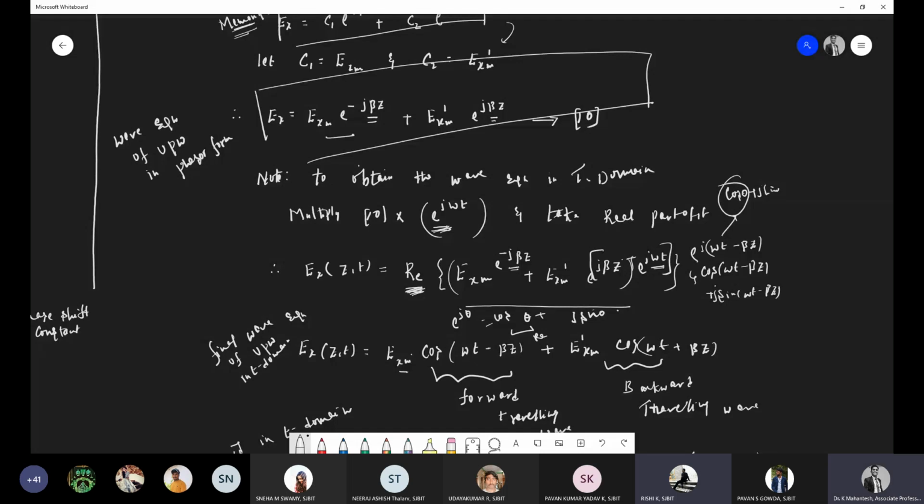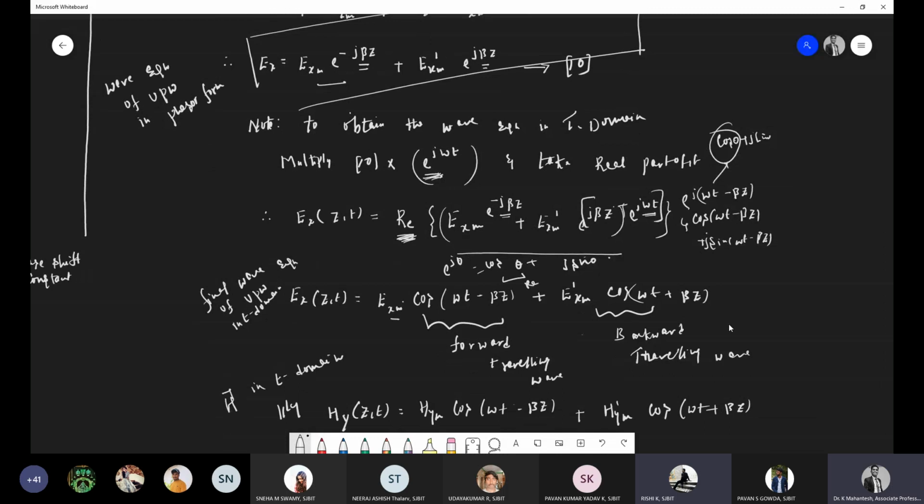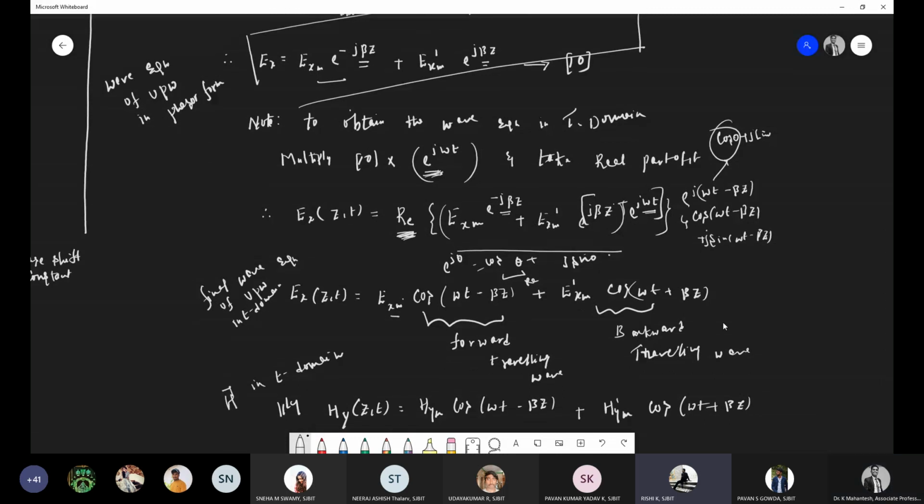Considering only the real parts, the time domain equation for the electric field for uniform plane waves, in terms of forward traveling wave and backward traveling wave, is given by this equation.